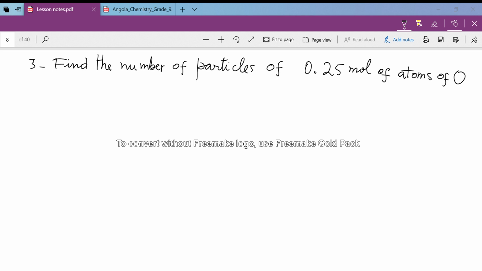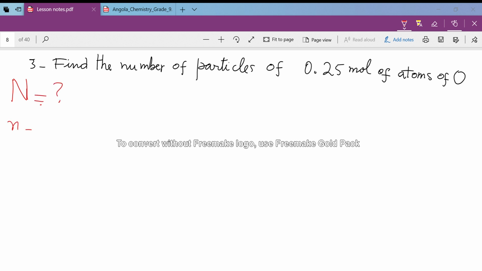Right, so hopefully you've done this correctly. Again, we start with the information that is given to us. Let me change the color for the solution. We have the number of particles, which we don't know, we have been asked.